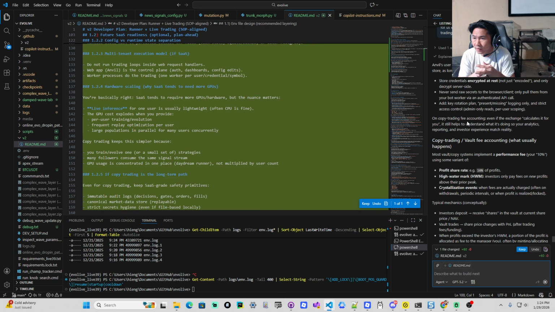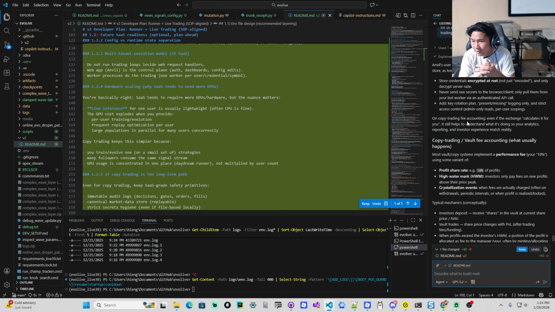Store credentials as long as you treat it like a real secrets manager: encrypted at rest, not just encoded, and only decrypt server side. Never send raw secrets to the browser client. Only pull them from your bot worker in an authenticated API call. Have a key rotation plan, present or missing logging only, and strict access control, admin only, reads per user scope.